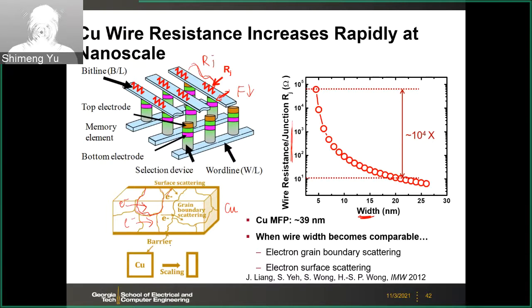So here as you scale, make this volume smaller, then the surface to volume ratio will increase, right? As you scale the technology node, the electrons will see more surface than the center. So that means the resistivity will go up. So this is a problem with the scaled interconnect. The resistivity of the copper wire will go up. That means the resistance or the IR drop problem will further increase with the scaling.